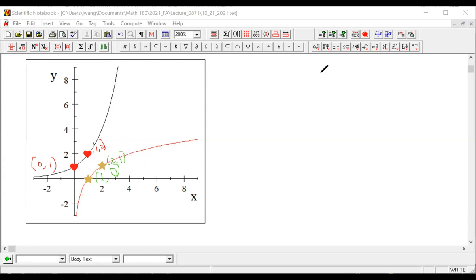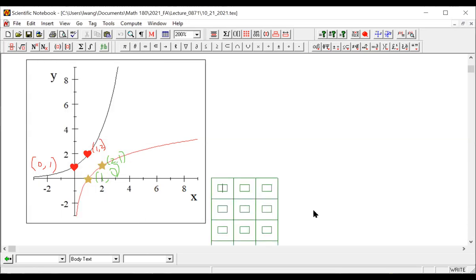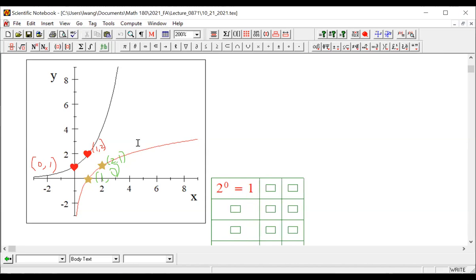And what do they correspond to? This guy corresponds to 2 to the power of 0 equals 1. The input is 0, output is 1. That's 0, 1.